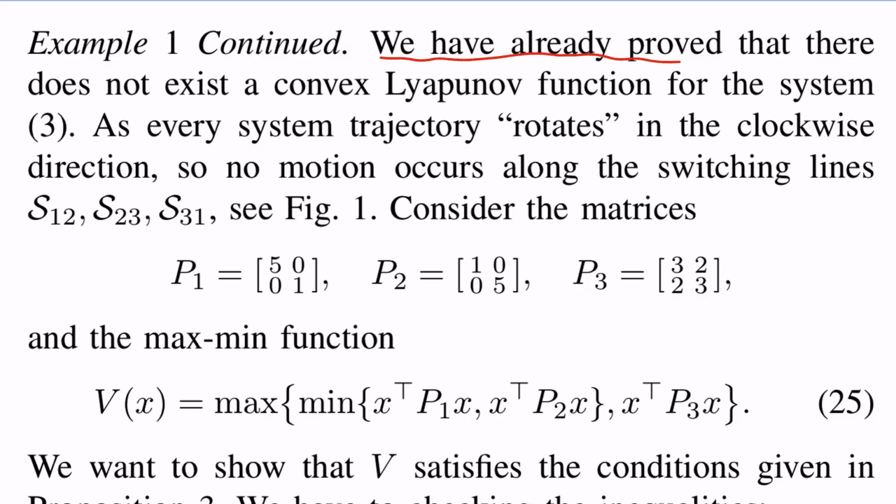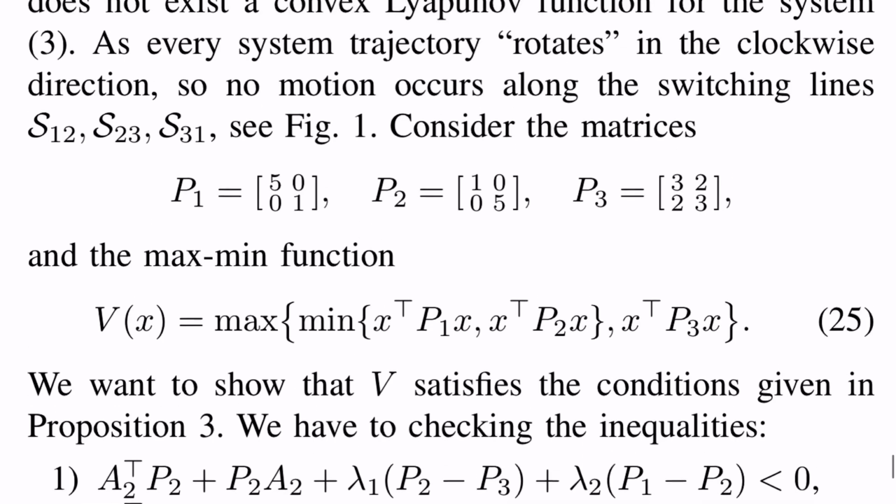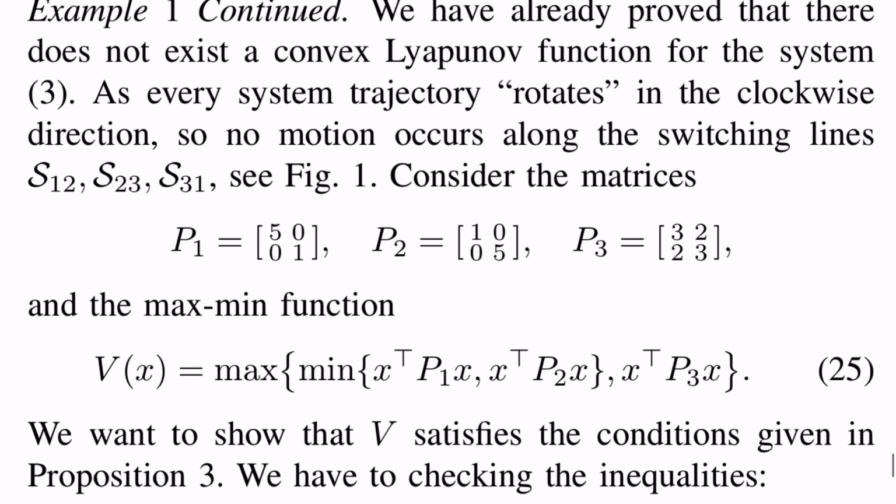So we have already proved that. I mean, I didn't prove that, it was in the paper. It's stated that way. So we checked some convex Lyapunov functions. Okay, wait a sec. Let's imagine we have A1, A2, A3, and then we have Q1, Q2, and Q3. Right?